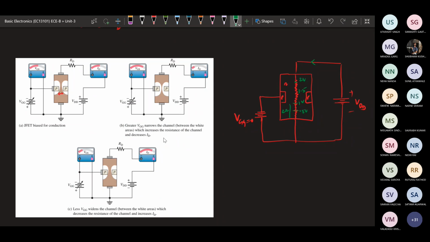Whatever gate voltage we have applied with respect to this channel is considered to be a resistive circuit, like it will have a resistance.